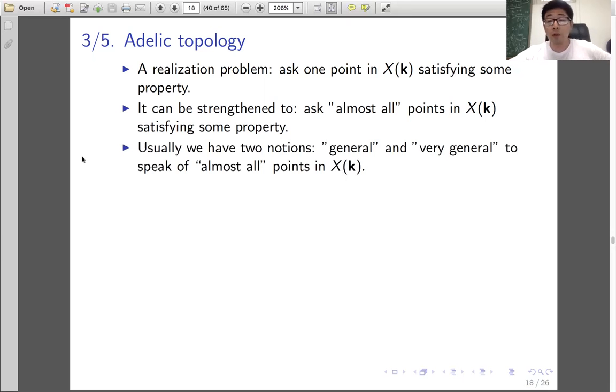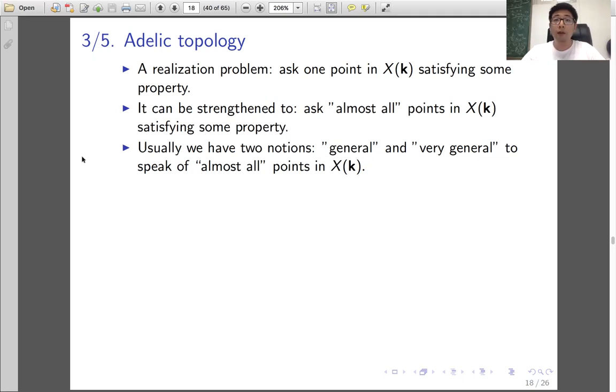Usually we have two notions to speak of almost all points in X(k). One is general, another is very general. We say that some property is satisfied for a general point means there is a non-empty Zariski open subset such that all points in this subset satisfy this property.